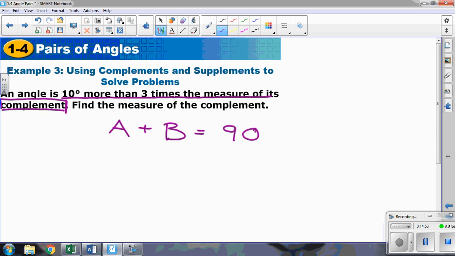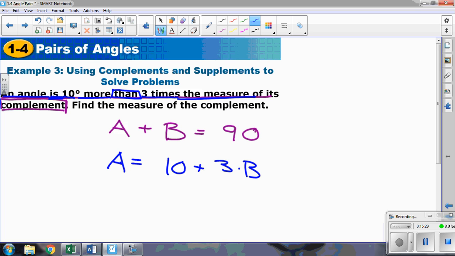All right, then we can also say an angle is 10 degrees more, and now I'm going to leave this word then alone because we know then is going to flip it around, 3 times its complement.